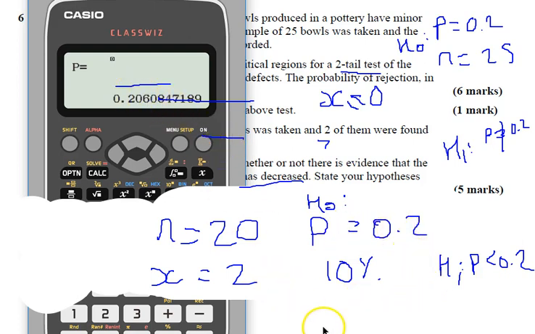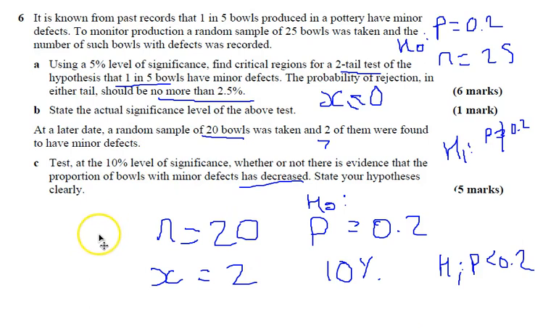So what I'm going to say here, I'll obviously write it down, is the probability of all of this happening for 2 at that probability of 0.2, the chance of that happening is 20.6%. So there is insufficient evidence to reject the null hypothesis H0.